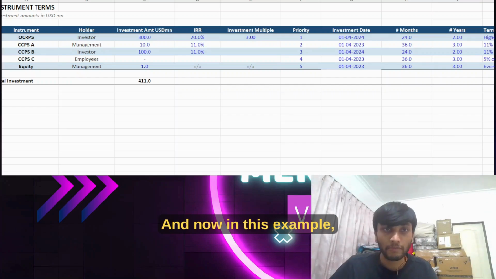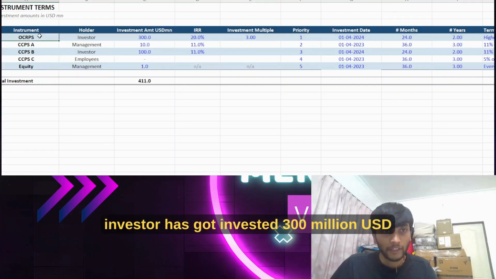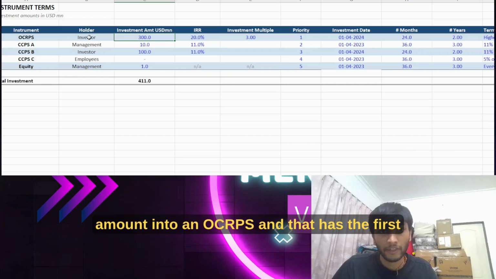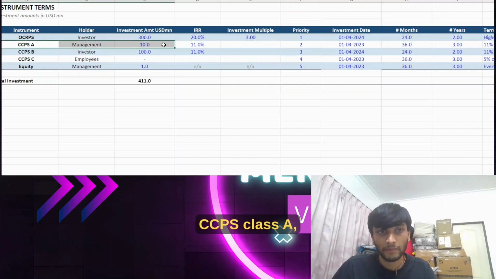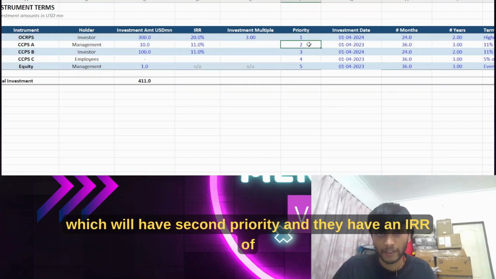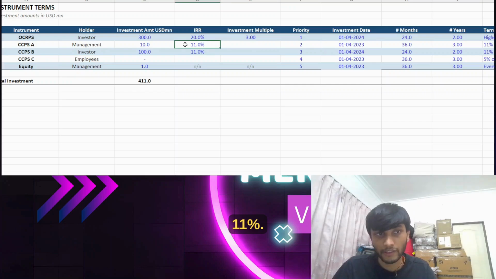Now in this example, the investor has invested 300 million USD into an OCRPS, and that has the first priority. Then the management will get CCPS class A, which will have second priority, and they have an IRR of 11%.